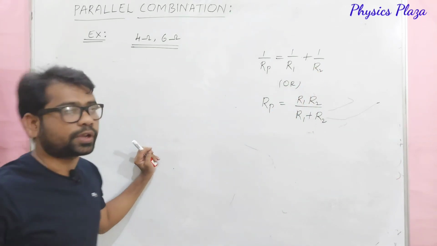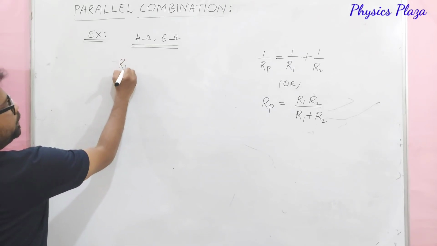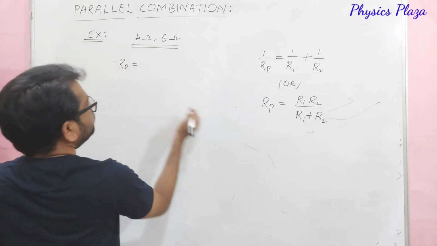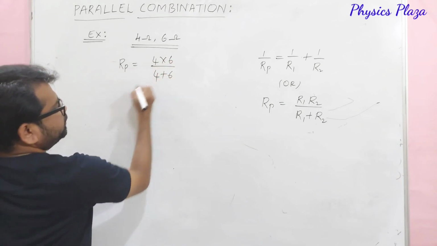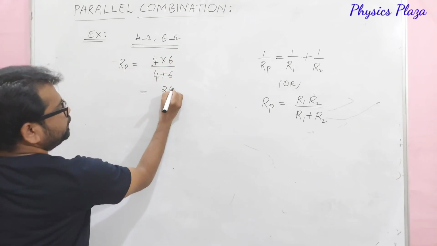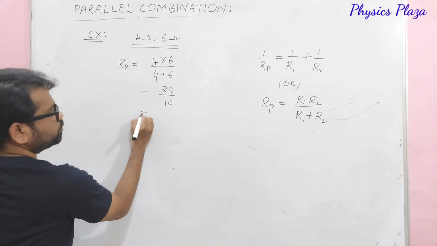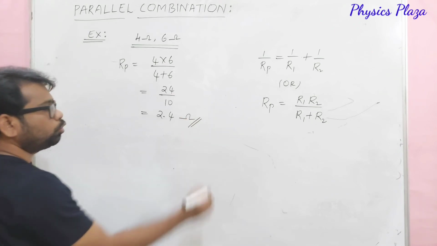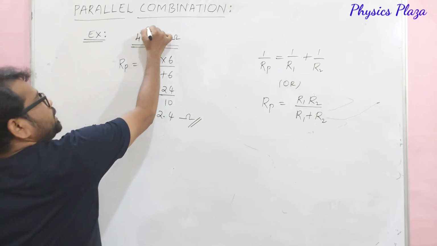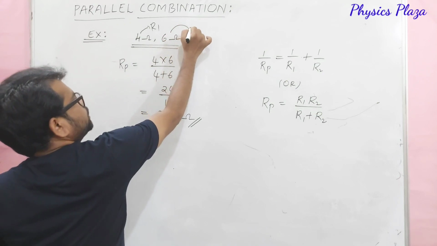So now Rp will be 4 into 6 by 4 plus 6, it will be 24 by 10. So we are getting 2.4 ohm. Let this be R1 and this be R2.